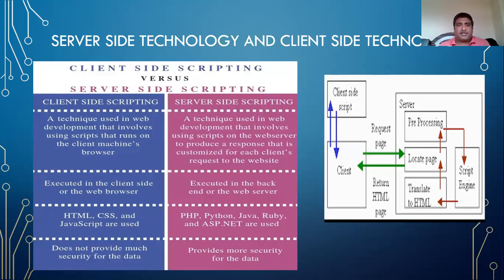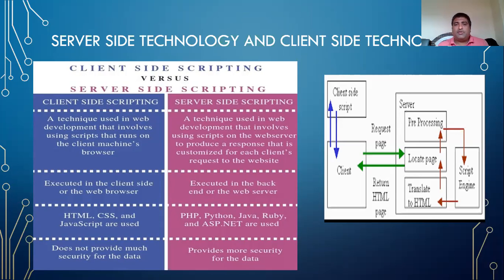Client-side scripting is a technique used in web development that involves using scripts that run on the client machine's browser. So whatever code we write here, the browser or the client machine is responsible to execute that code.